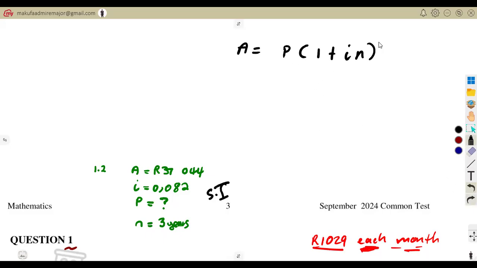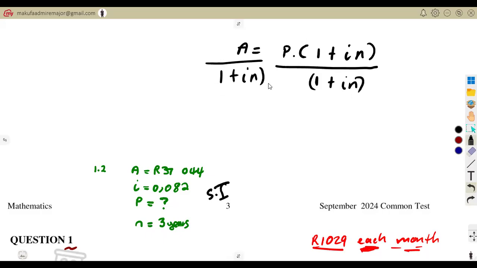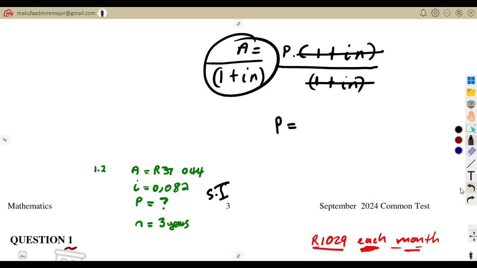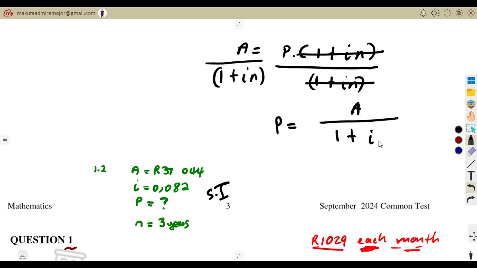So you can simply remove this bracket by dividing both sides by 1 plus IN, because you're multiplying, so you can divide by that bracket. By dividing by these, you are getting rid of this, remaining with P. So P is equal to A over 1 plus IN. You can choose to put the bracket or not.